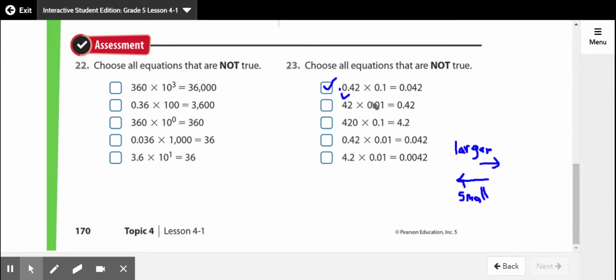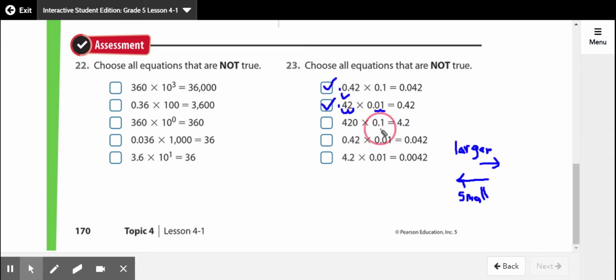So that was right. Here's 0.01. This one is over 2 this way. So I'm going to move the decimal the opposite way. 1, 2. I'm making that number smaller because that is a hundredth. So I'm going to make that 42 small. It's only a hundredth of it. So I get 0.42. And that looks right too.